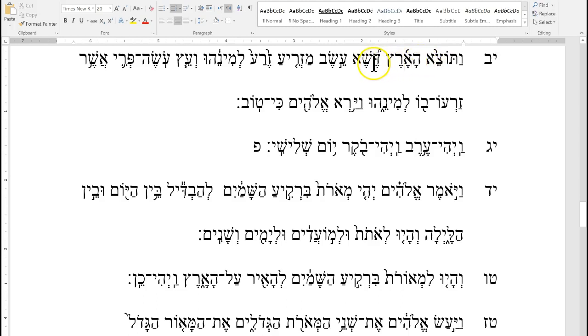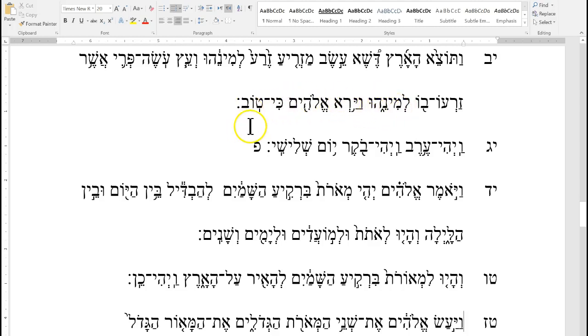Vatotze ha'aretz desha, and the earth brought forth green things, esev, herbs, mazriah, seeding seed, according to its kind, va'etz oseh peri, and tree making fruit, asher zaro bo, which its seed is in it, lemino, according to its kind.